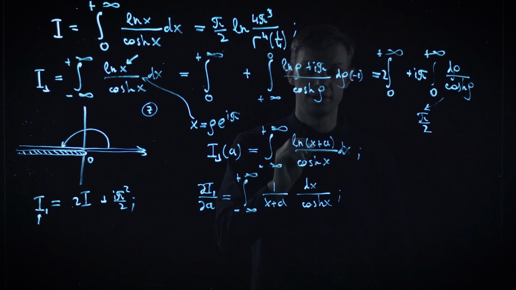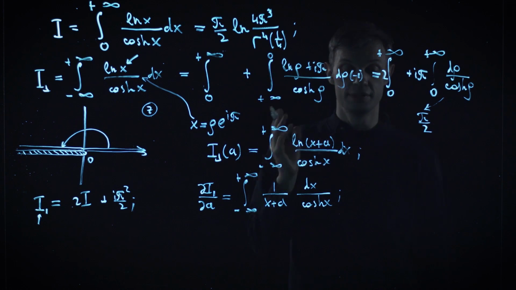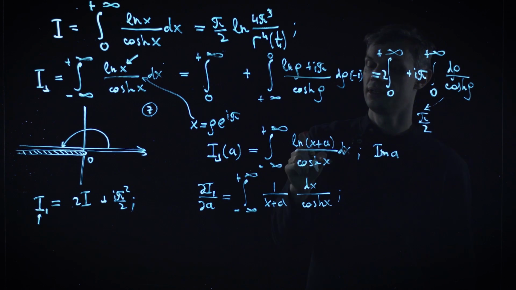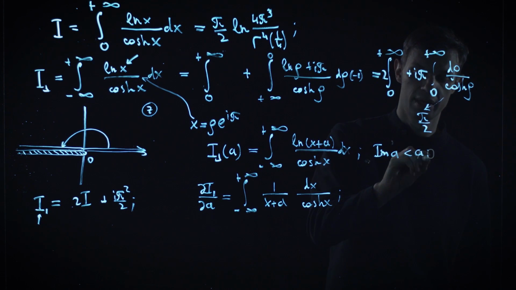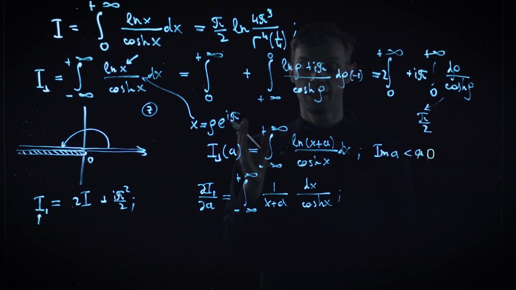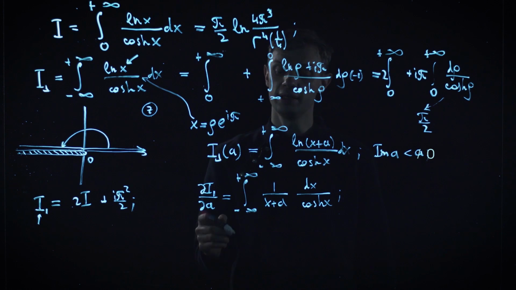And of course, we need to think about the imaginary part of this parameter a. For convenience, we assume that this parameter has an imaginary part and it's negative. You will see in a second why it's so suitable. So now let's analyze this integral. The idea is that the modified integral can be computed exactly. And then integrating the answer with respect to a, we can restore the I1 integral and hence the I integral itself.